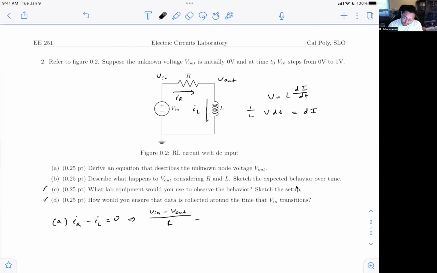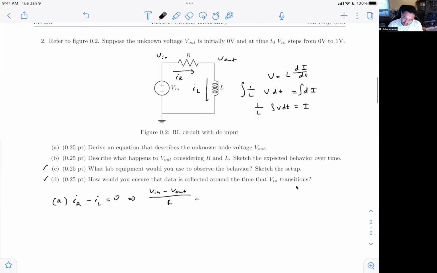And then if we take the integral, we have I is, L is not something that changes over time. We have 1 divided by L times this integral of V dt. Right, so what is the voltage across that inductor? Well, we're going from V out to 0.